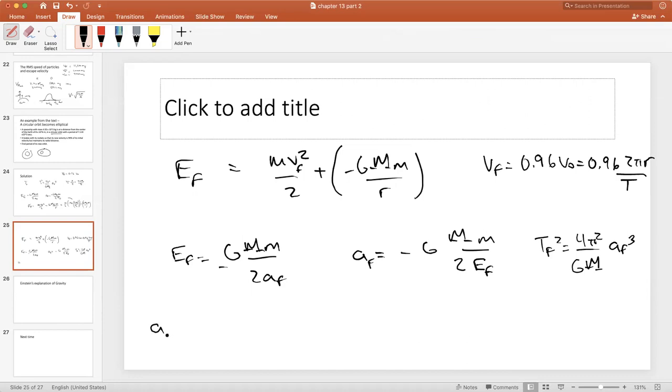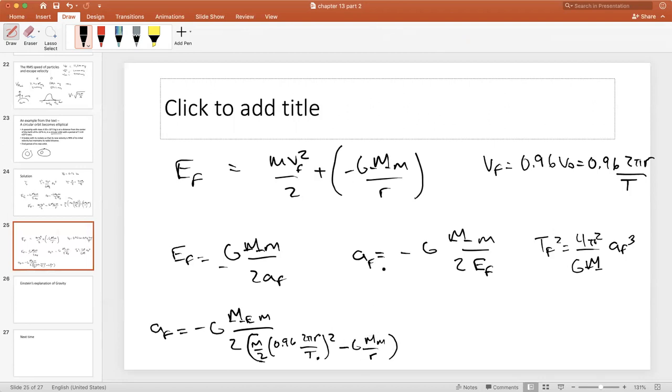eventually, A final is equal to minus GM of the Earth times m divided by 2 times the energy final, which is m over 2 times 0.96 times 2 pi r initial over t initial, squared, minus GM over r initial.